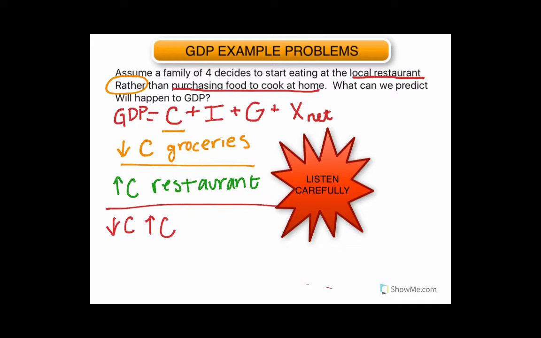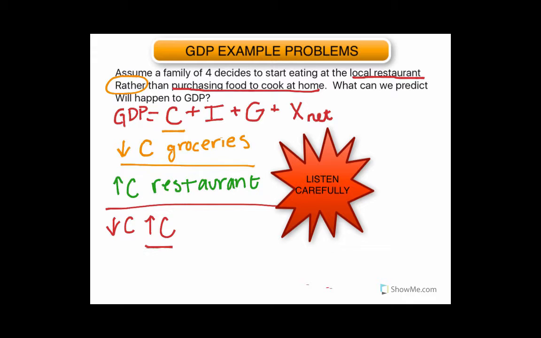And so we would assume that at the restaurant you're paying a greater value than you would if you just went out and bought groceries, because the restaurant is not only charging you for the price of the food that they're creating, but also the cost that it requires them to make that food.